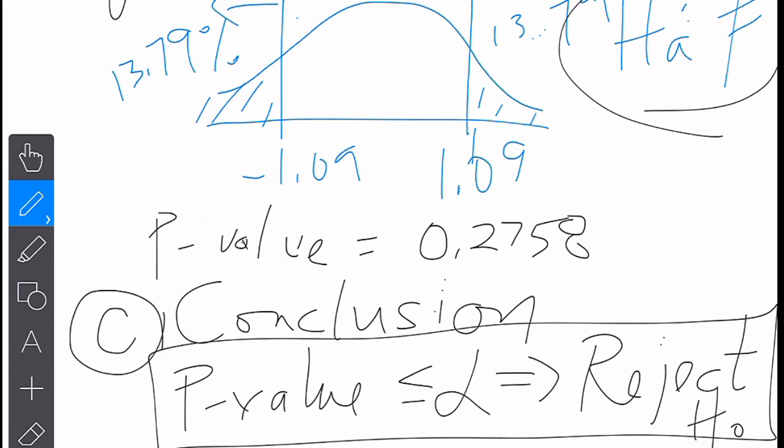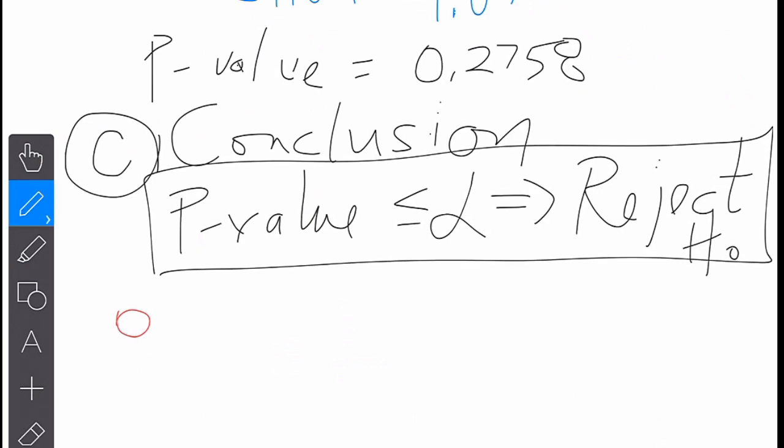The p-value we already figured out. The p-value was 0.2758. Unless I specify a different level of significance, we always compare this to 5% because we're saying the chance of seeing the sample mean as one standard deviation below the mean or above the mean was 27, so about 30%.